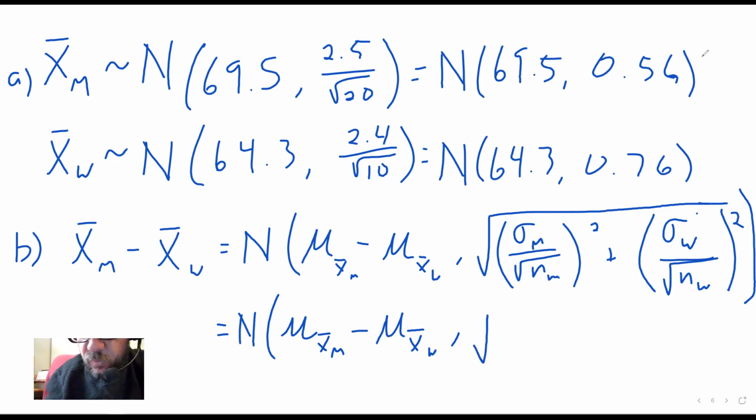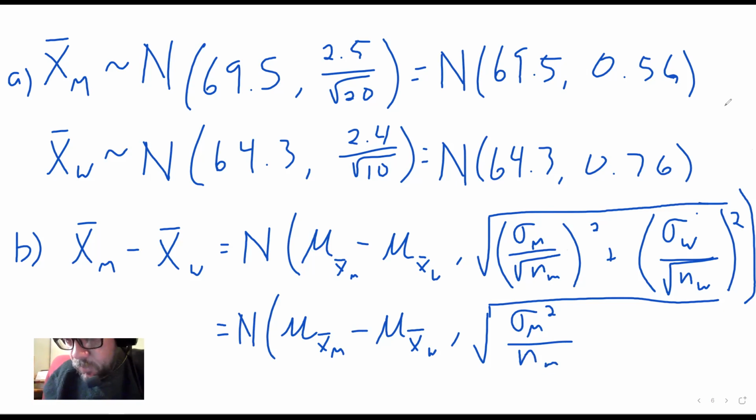So this is the square root of sigma M squared over, when I square the square root, right? So I've got this square root of n sub M right here, and then I'm going to square it. That just gives me n sub M, plus sigma W squared over n sub W. No square root.